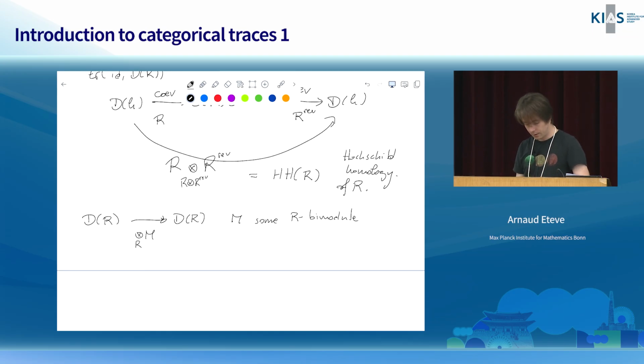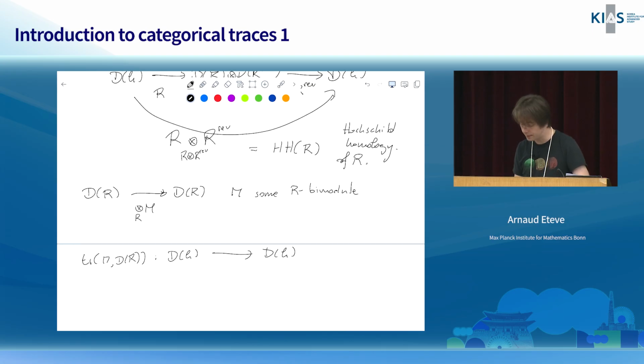We can just perform the same computation. The trace of M on D of R is again a map that goes from D of K to D of K, and so it's going to be given by tensoring by a single complex of vector spaces.